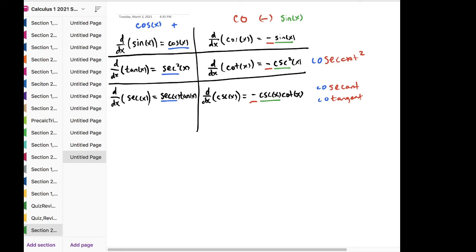All the tangent derivatives have some sort of secant squared, either co or not co, and all the secant or cosecant derivatives have a secant tangent or cosecant cotangent. So just a way of memorizing it for yourself. It's one I like to use. Okay, any questions? So now we have all the trig derivatives.